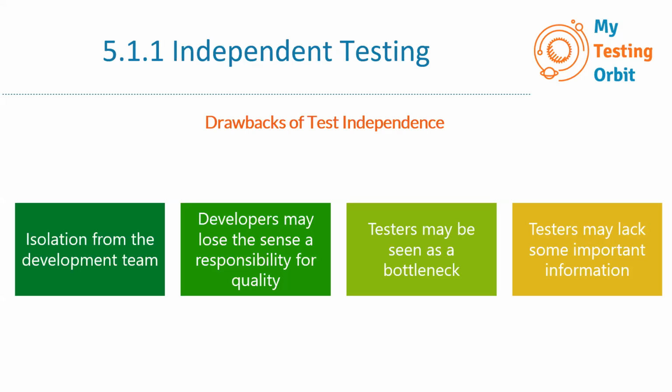So maybe the tester who is independent, not in the same office, or in the same office but in a separate team, is not aware of any major information which might affect the way they are designing the test cases or executing the test cases, etc. So this is also a drawback of test independence.